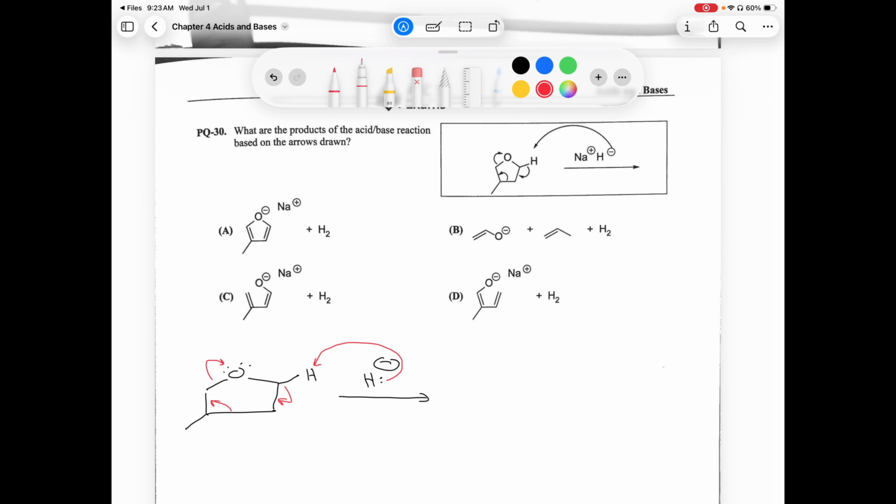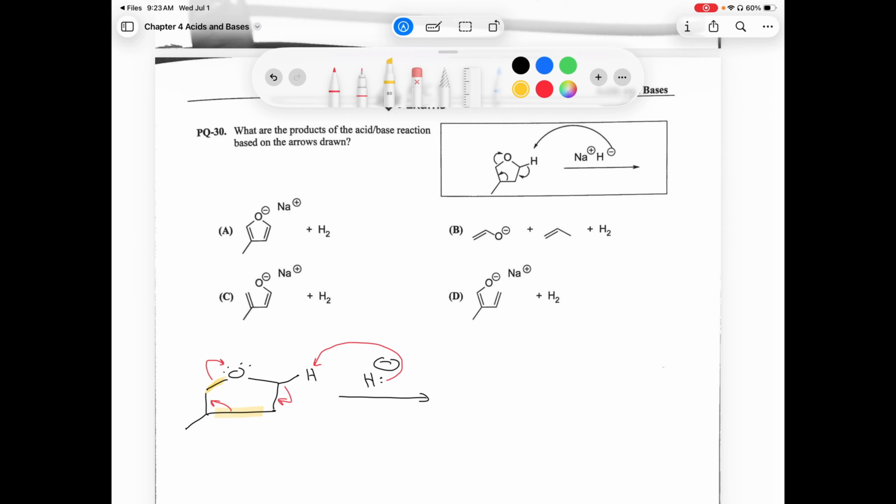Now, let's see if we can draw it in the orientation that it's shown here. Well, the first thing that I notice is bonds that are broken. You notice that you're breaking this bond because the tail of the arrow starts between this carbon and this carbon. So we're breaking that bond. And then I also notice that we're breaking this bond as well.